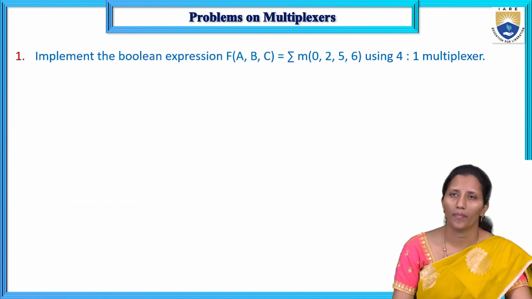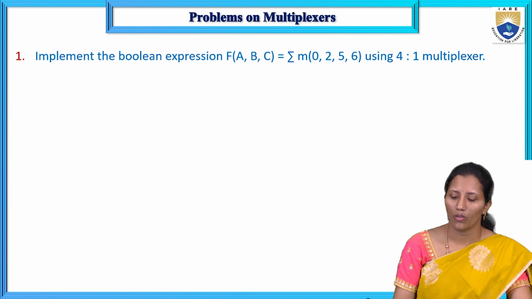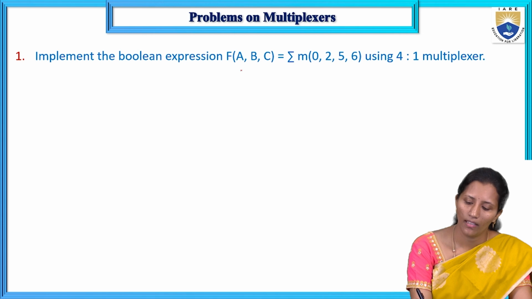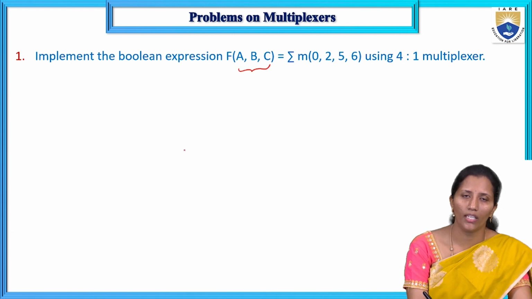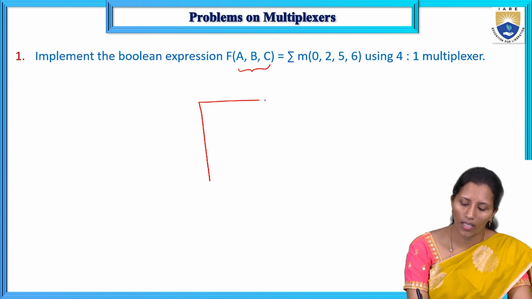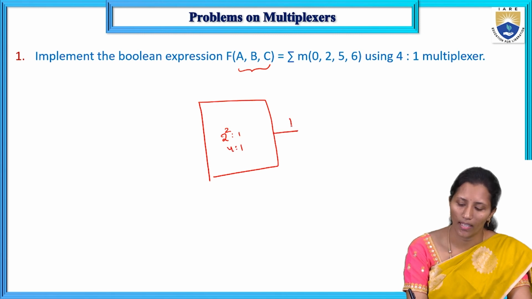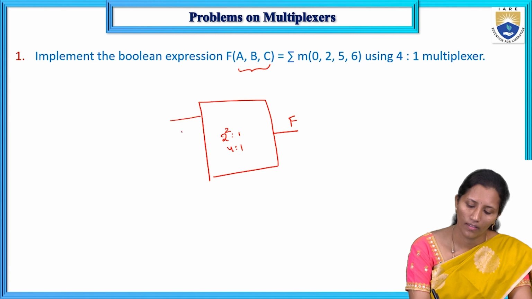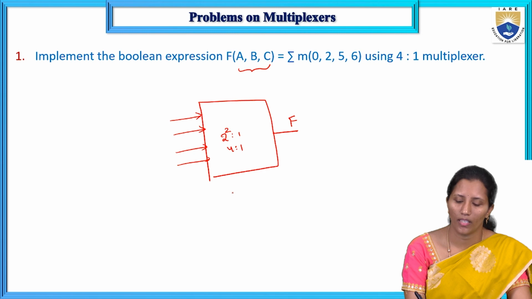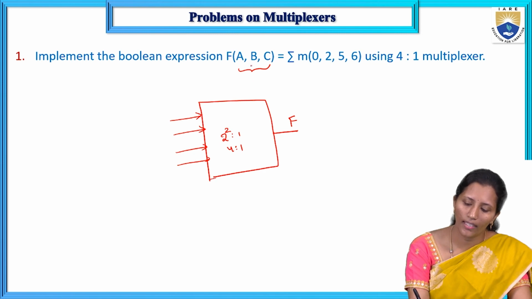F of A, B, C equals sigma m of 0, 2, 5, 6 using a 4:1 multiplexer. In this, A, B, C, we have 3 input variables. This 4:1 multiplexer, that is 2 power 2 to 1, has one output, that is F. We don't know what the inputs are yet. Here B and C are the selection lines.